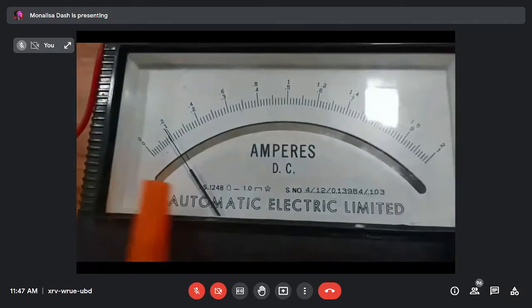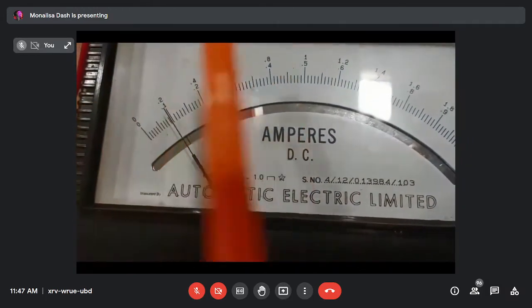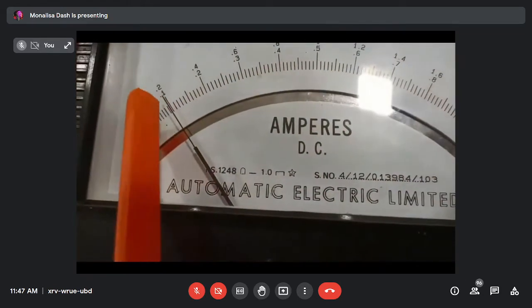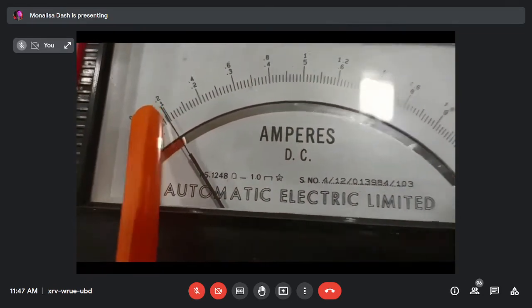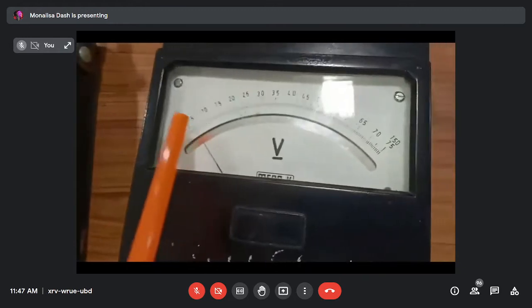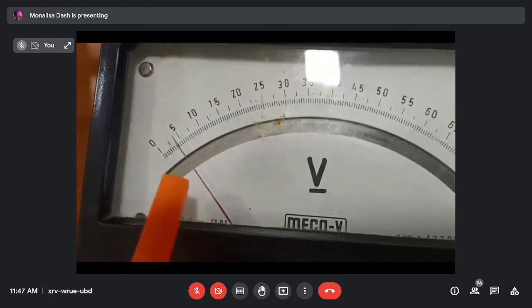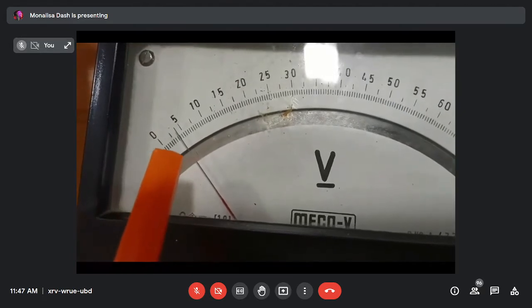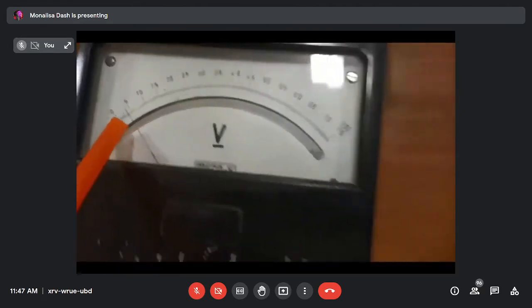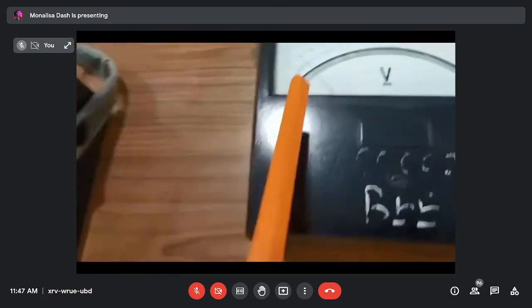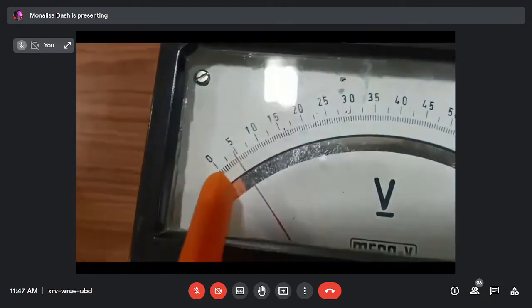Then the current flowing through that circuit, as we have taken the lower scale, is 0.1 ampere. This is the first voltmeter across the first rheostat, approximately 4.5. The second one is 5.